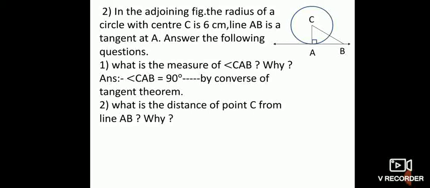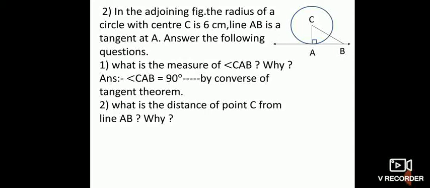CA is the radius and line AB is the tangent which touches the circle at point A, and therefore angle CAB is a right angle according to the converse of the tangent theorem, and therefore we can write angle CAB is equal to 90 degrees.